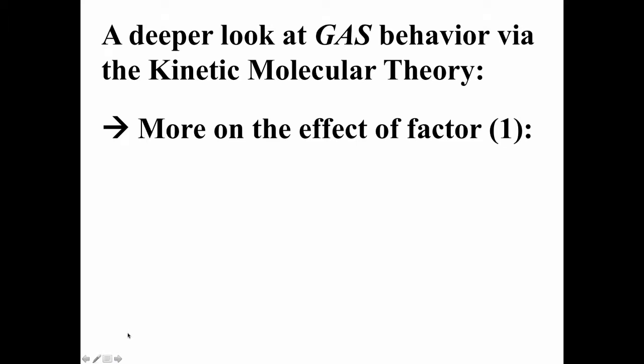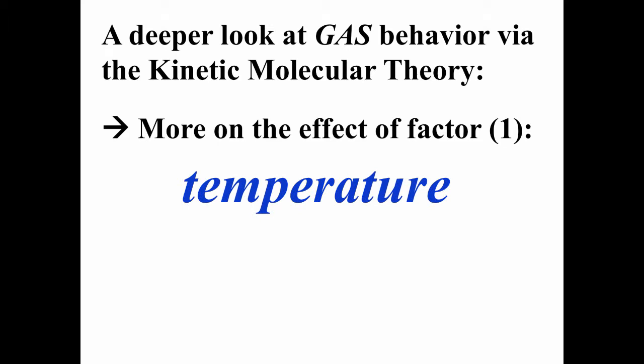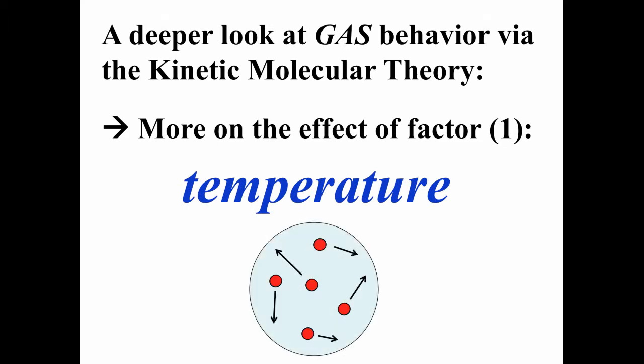So if we look a little more deeply at gas behavior via the kinetic molecular theory, and we look at the effect of factor 1, which was, of course, temperature, on speed of the gas molecules, well, if the temperature is higher, the gas molecules are traveling faster on average. If the temperature is lower, then the molecules are traveling slower on average.